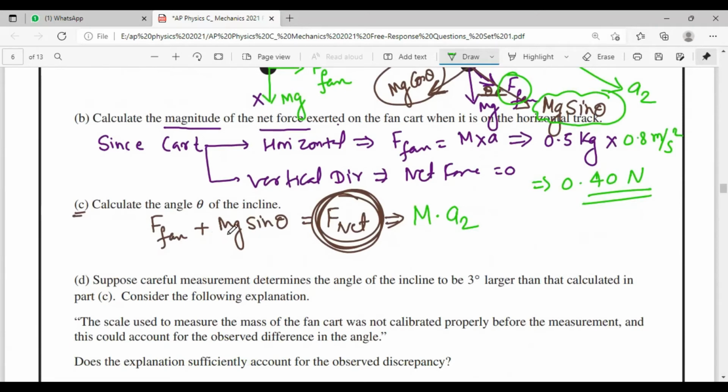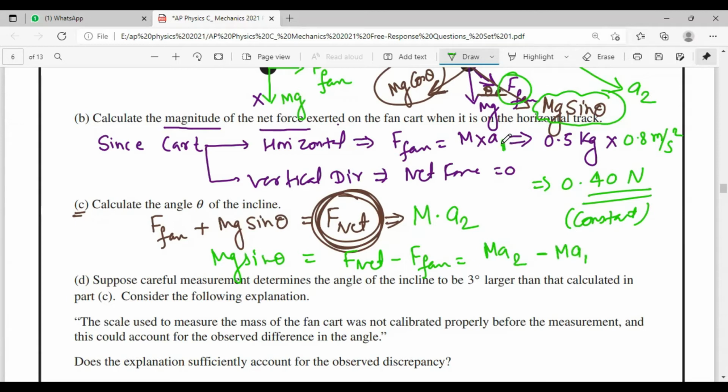Okay, so let us calculate this. F fan, we know the value of F fan, that is 0.4, and that is constant according to the question. So we have to find theta. Let us calculate it. Mg sin theta should be equal to F net minus F fan, that should be equal to M A2 minus M A1.